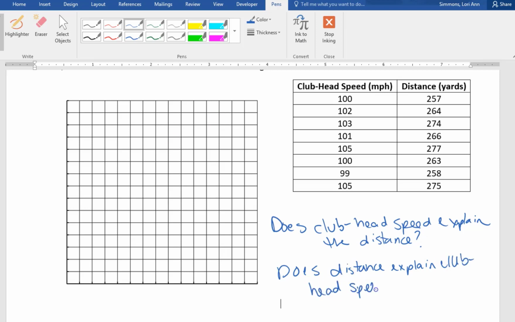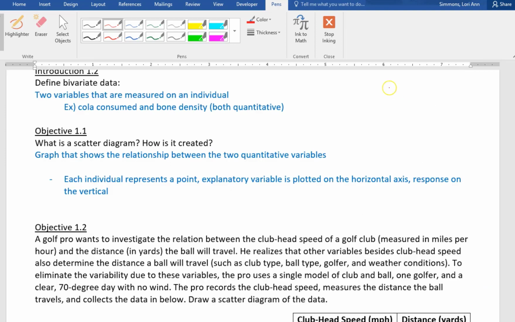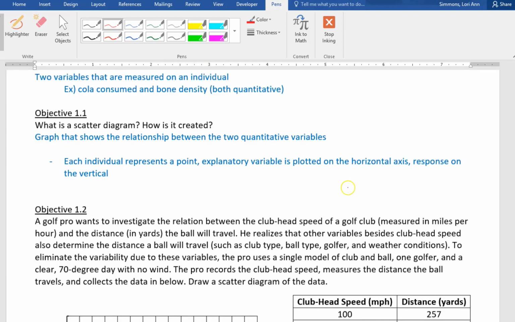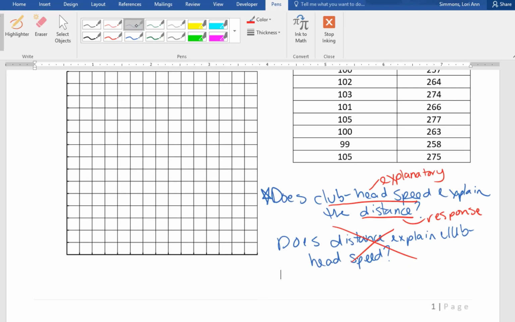So if you read up above, they are looking for this one. This is not what we're looking for. So the club head speed explains, so this means this is the explanatory, and it explains the response. So distance is your response. The explanatory is on the horizontal. So club head speed is on the horizontal, and then distance is on the vertical.